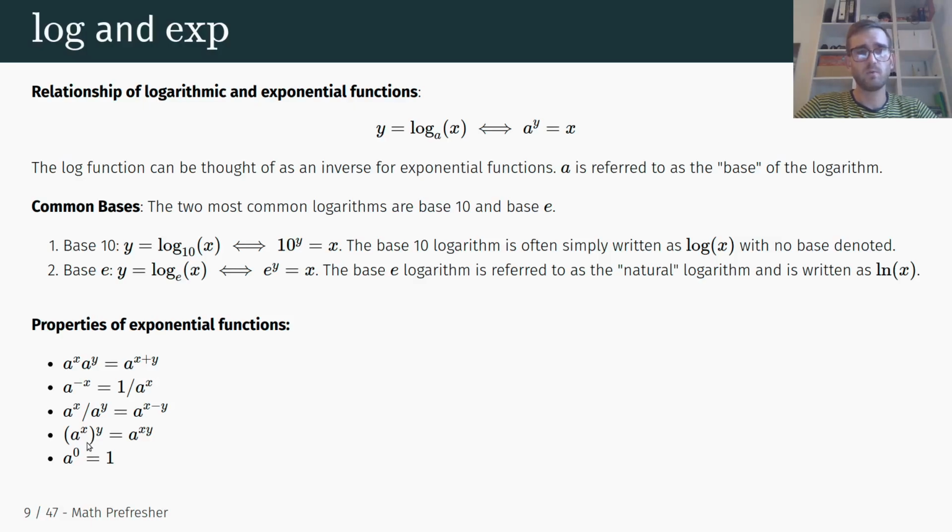If we take the exponent of an exponent, so a to the power of x to the power of y, then we multiply both exponents. So that is equal to a to the power of x times y. And as I mentioned earlier, when we talked about polynomials and monomials, a to the power of 0 is equal to 1.